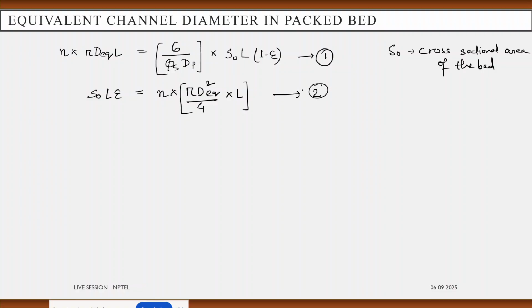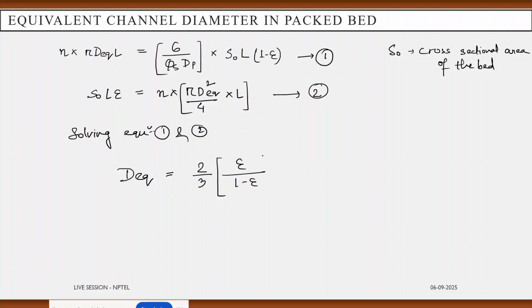So this one is equation 2. Now by solving these two equations, we will get an ultimate equation like this, the simplified form we are getting from these two equations.